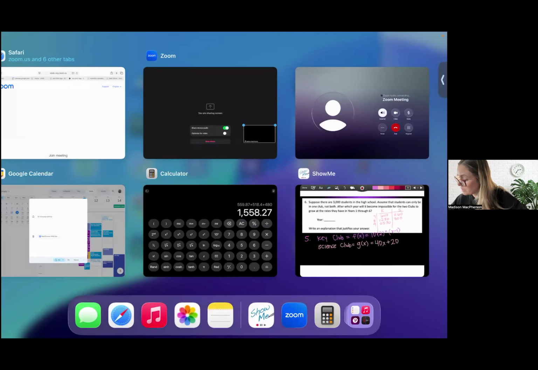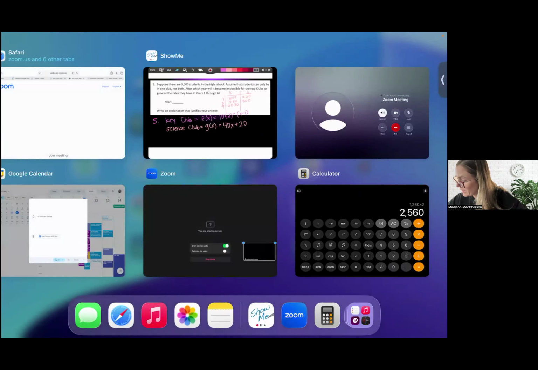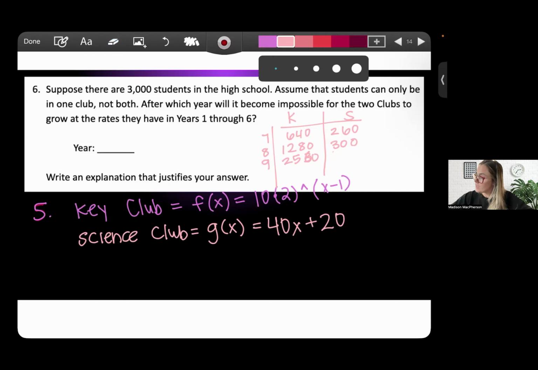We had 1280 times 2. So 2560. And then here, oh no, we're not having 600 there. This one's not doubling. That one's just increasing by 40. So this would be 340.